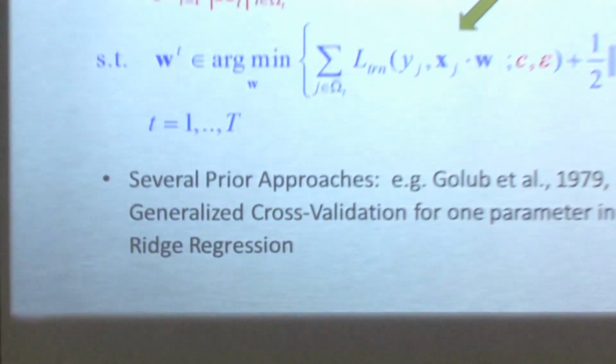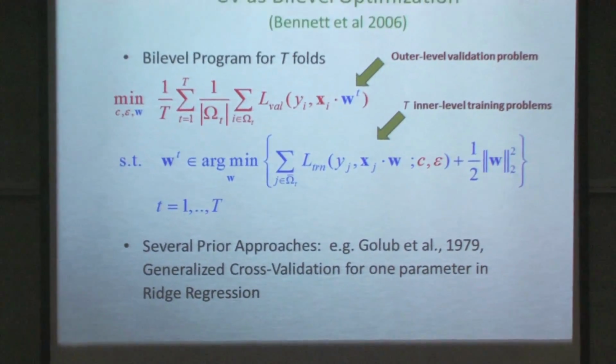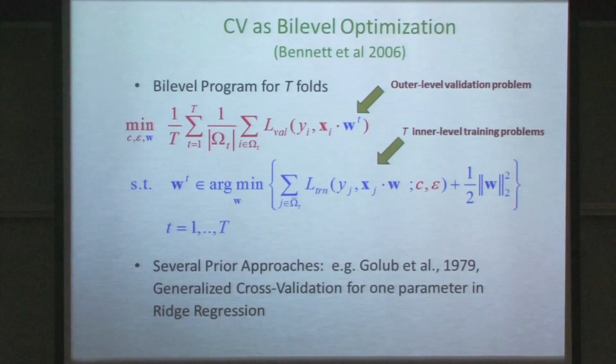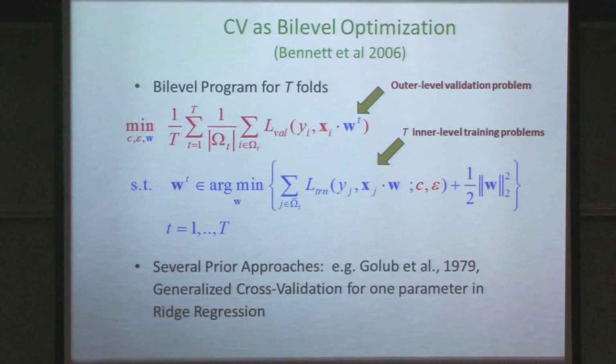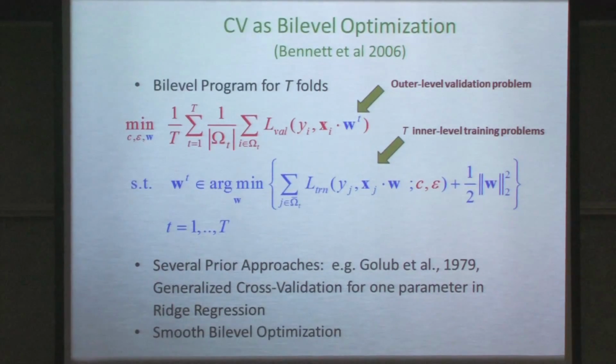Okay, but this is not a good theoretical algorithm, just to try a bunch of points, right? This is actually an optimization problem. It's a continuous optimization. These parameters live in a continuous space, so you can formulate it as an optimization problem.